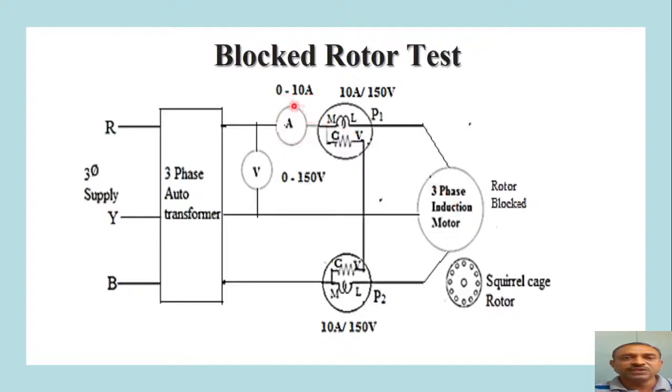Once the ammeter reaches 7.5 ampere, stop increasing the voltage. Note the reading of the voltmeter as VSC. Note the reading of the ammeter as ISC. Then take the readings of P1, P2 or W1, W2. Then sum them. That sum will give us WSC, that is, the copper losses in the motor combining stator and rotor as a whole.